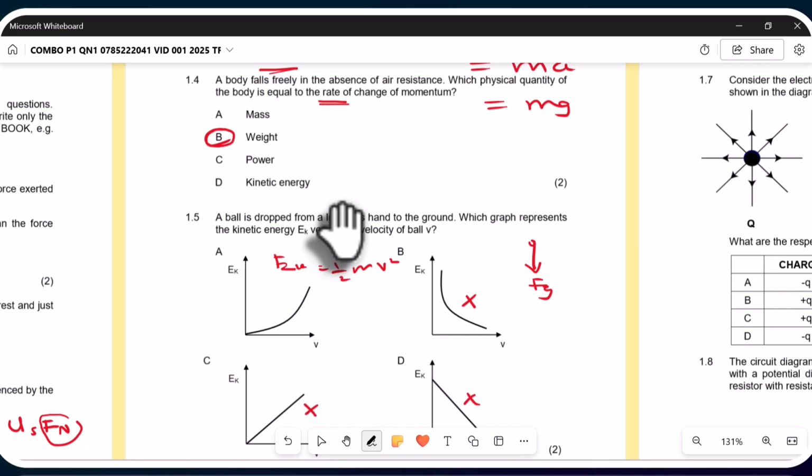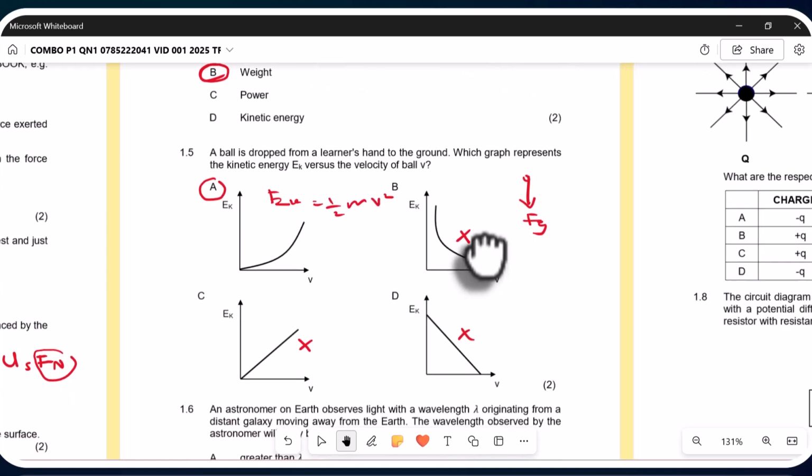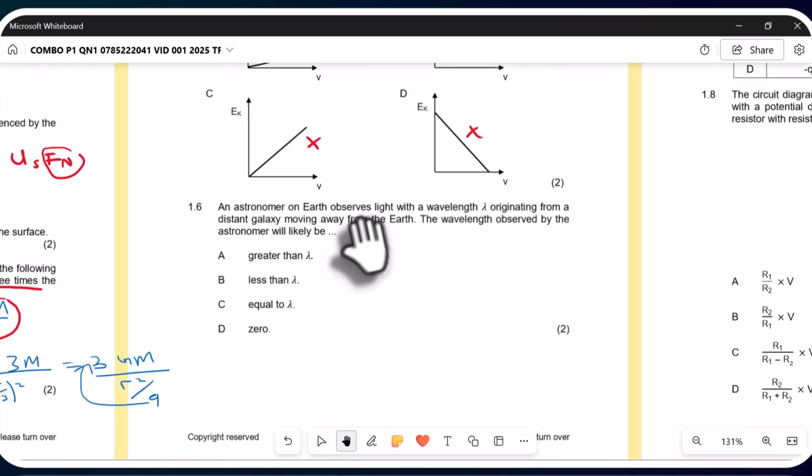Now, because it's moving away from the Earth, we know from Doppler's effect that it has got a decreasing frequency, which is observed. Now, if the decreasing frequency is what is observed, and we know frequency is inversely proportional to the wavelength, then if the frequency decreases, the wavelength must increase.